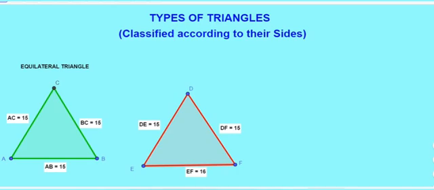That is, two sides are equal and one side is different. So if two sides of a triangle are equal, then we call that type of triangle an isosceles triangle. If three sides are equal, equilateral triangle. If two sides are equal, isosceles triangle.